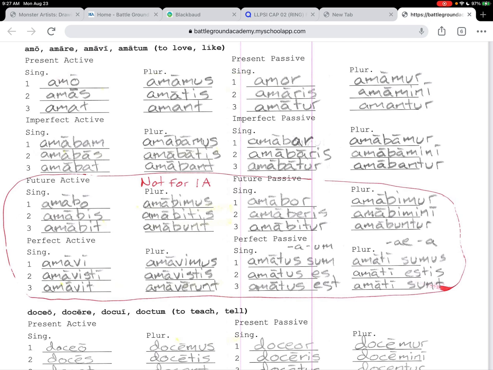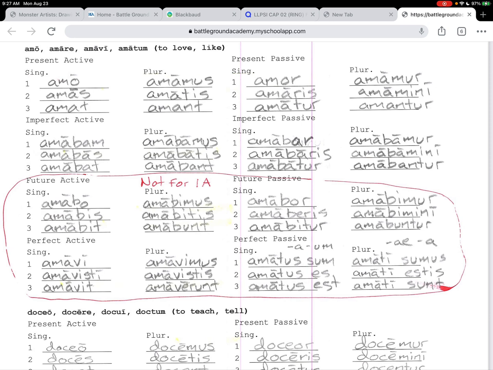Now the O or M equals an I subject. The S, second singular, equals a you singular. The T, third singular, equals a he, she, it. The mus equals we, first plural. The tis equals a y'all, second plural. And the nt equals a they, third plural. All right, so those are the active endings.